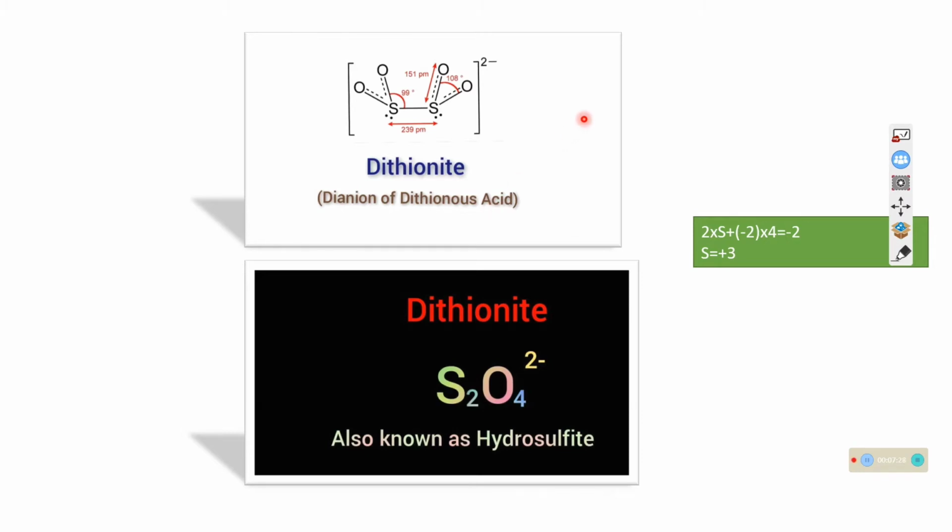The structural properties are the same as in the case of dithionous acid. The oxidation state of each sulfur atom is +3. Each sulfur atom contains one lone pair of electrons. There is a single S-S bond. So dithionite is a dianionic species.